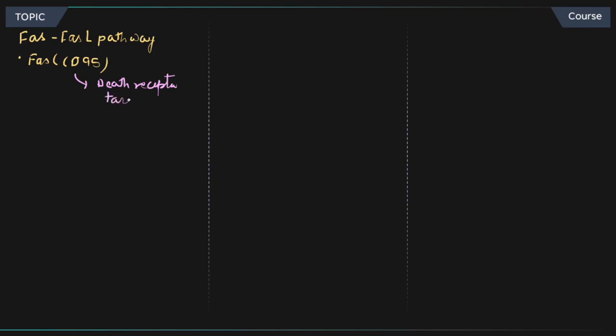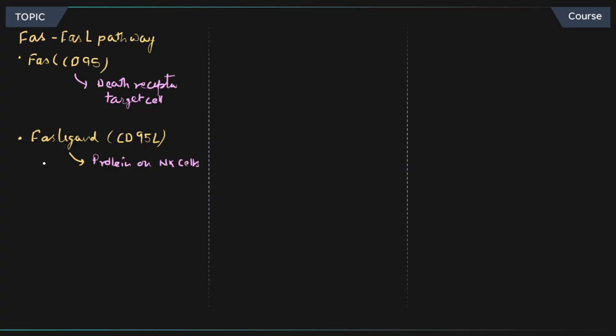That receptor is recognized by NK cells, and for that, the NK cell requires a ligand, which is the FAS ligand, FAS-L, that is present on the NK cell, right? It's also known as CD95L. This protein is present on the NK cell, and it is utilized for interaction with the FAS protein.